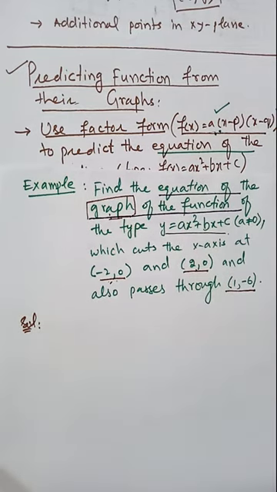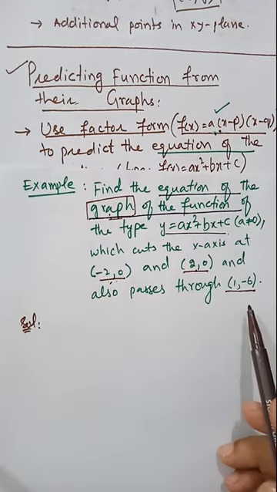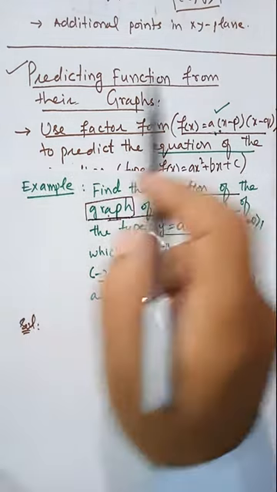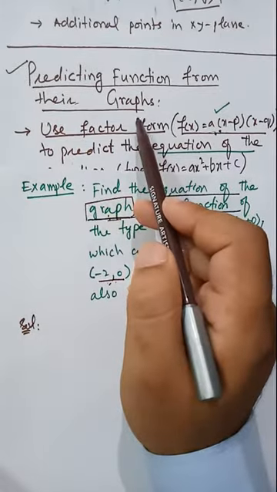In this question we need the equation of the function, and the graph passes through these two points and also through this point. So actually the information is given about the graph of the function. That's why the title of the topic is predicting function from their graphs.